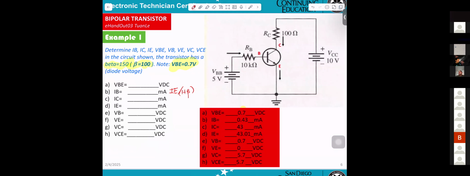We already know IE equals IB plus IC. However, they don't want to use that formula. If you want to calculate the IB, you had better use IE divided by 1 plus beta.